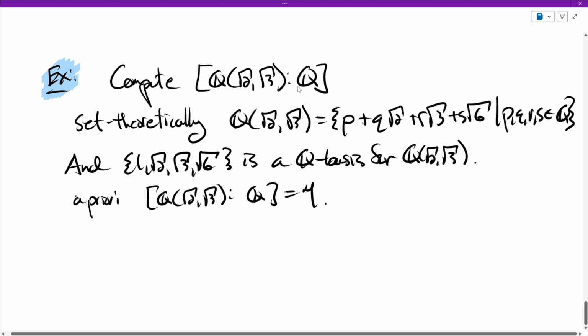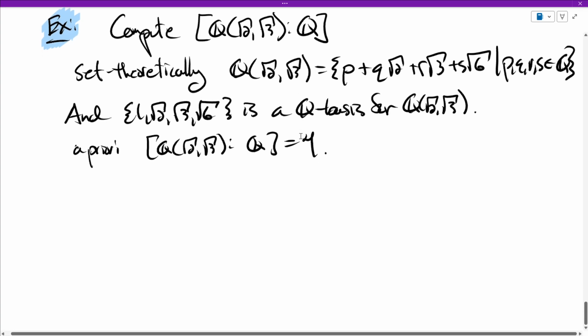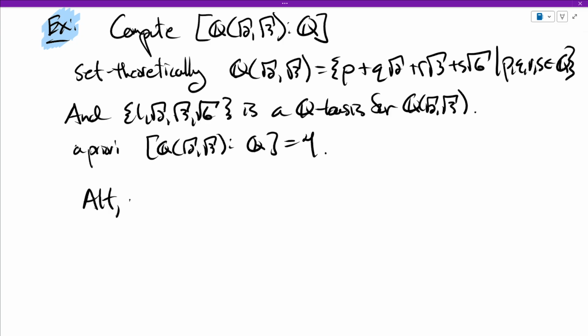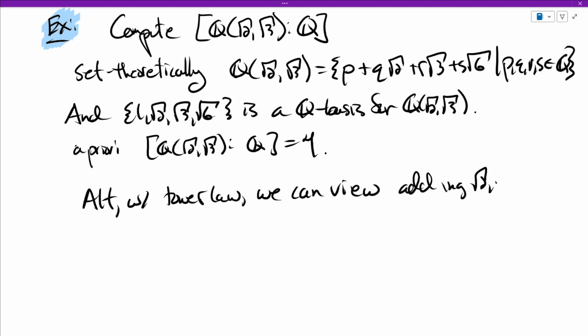Okay, so alternatively, with the tower law, we can view adding root 2 and root 3 as a two-step process.